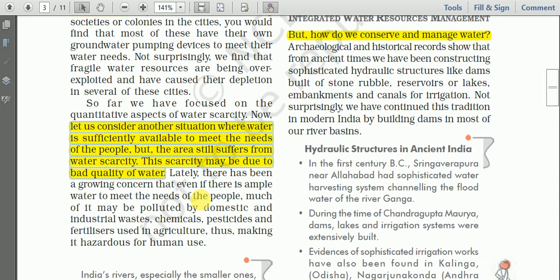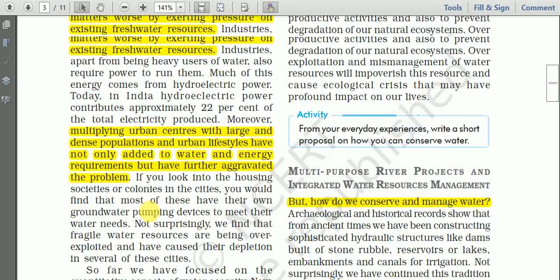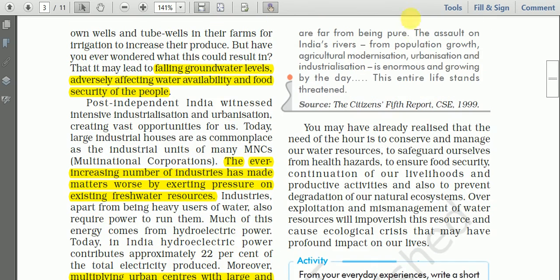We have enough water surrounding the island, but we cannot use it because the lake water is polluted. We need processing of the lake water. So that is another example of the point mentioned here. So these are the important causes of water scarcity.